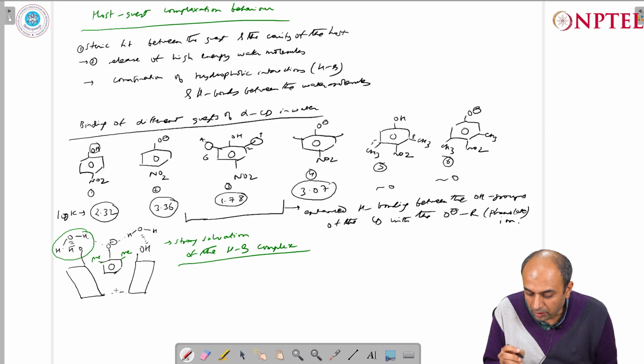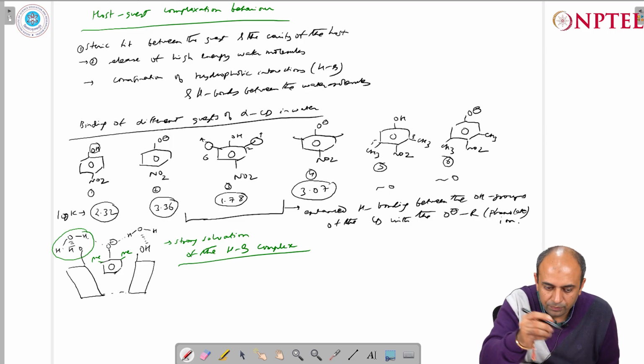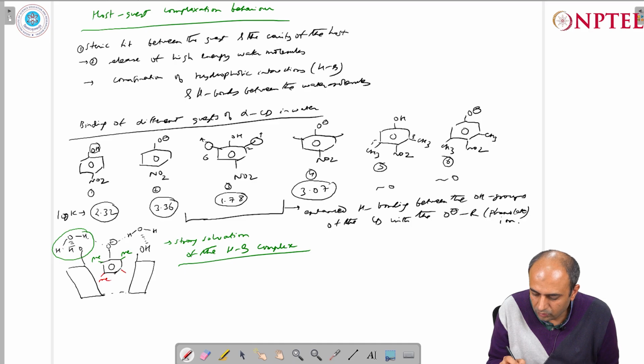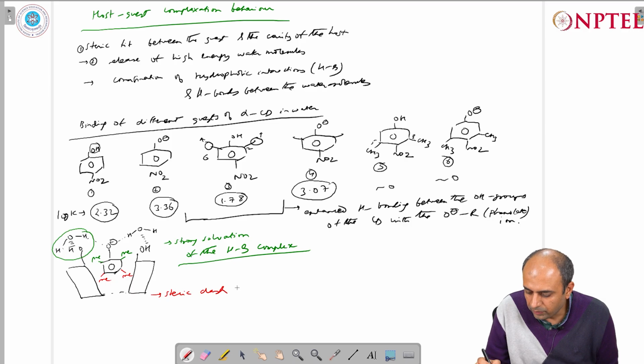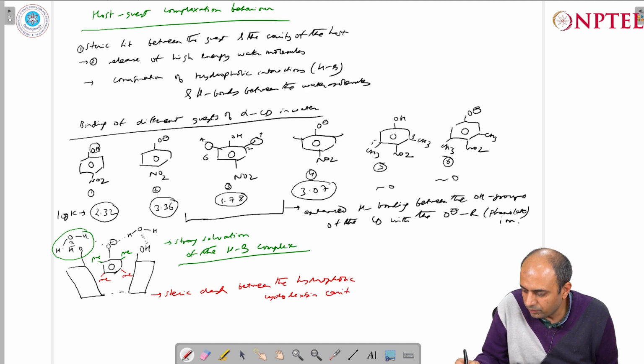But when the methyl group is present in this position, then there is a steric clash between the hydrophobic cyclodextrin cavity and the methyl groups.